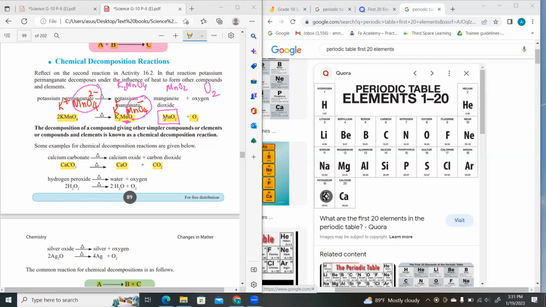Here one is there and here another one is there. So that is fine. When you check the number of oxygens, here you have 8 oxygens. So you need to check if you have 4 here, 2 here, 2 here. So altogether there are 8 oxygens. When you put a 2 in front, automatically this reaction will be balanced. So that's how you have to remember these reactions.